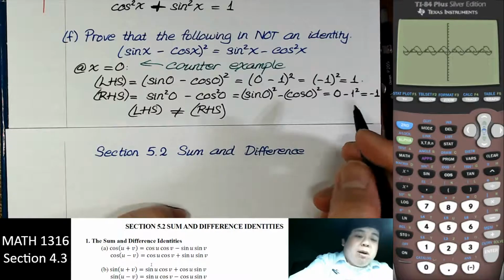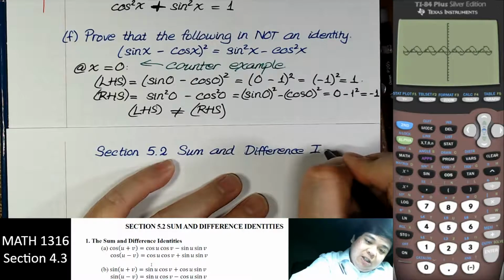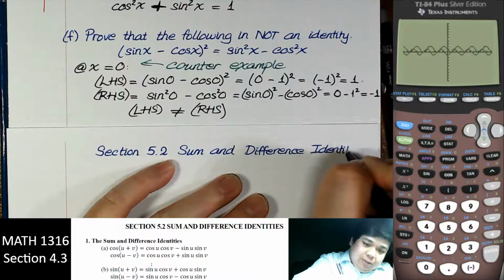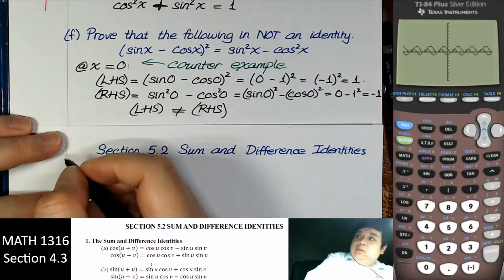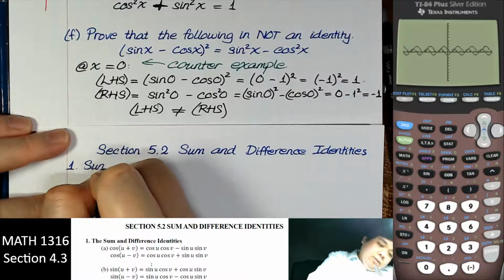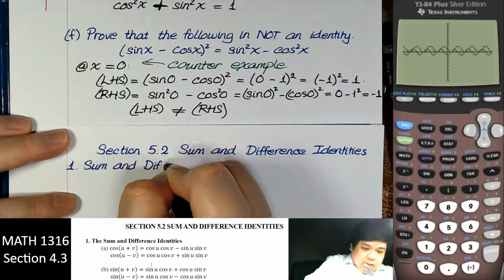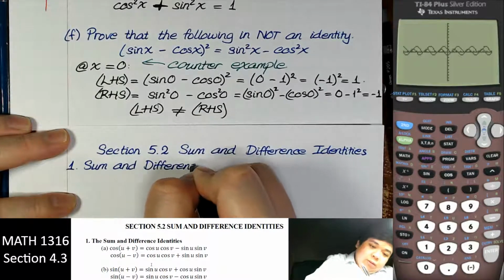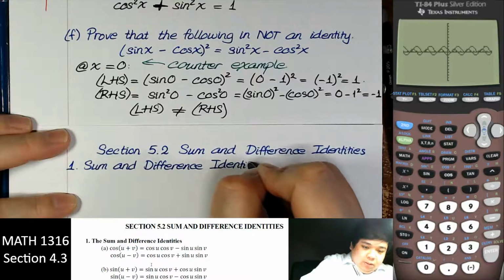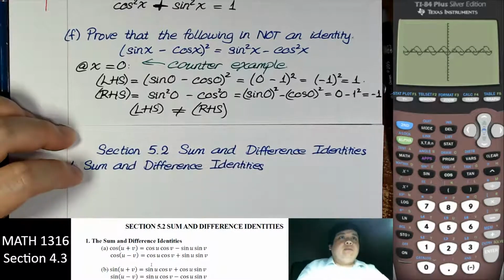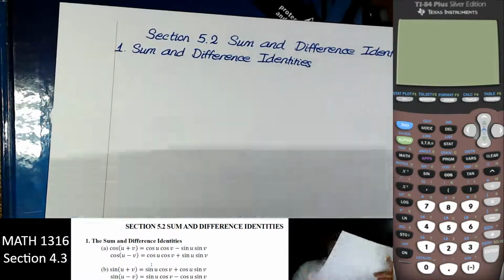Now the remaining part of the chapter we'll go over a bunch of identities, so sum and difference identities is the first one. Right.